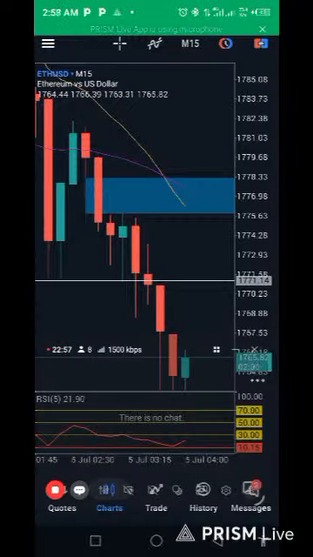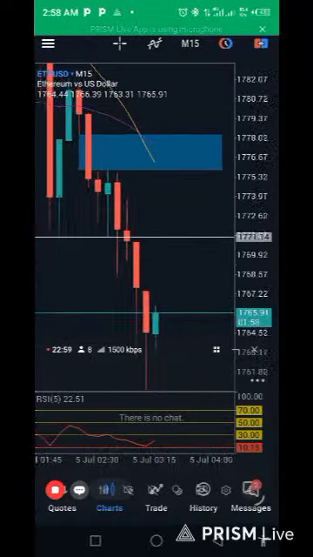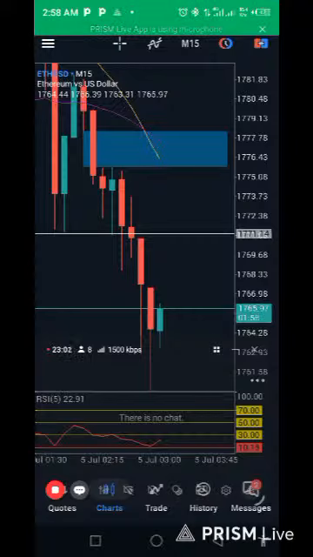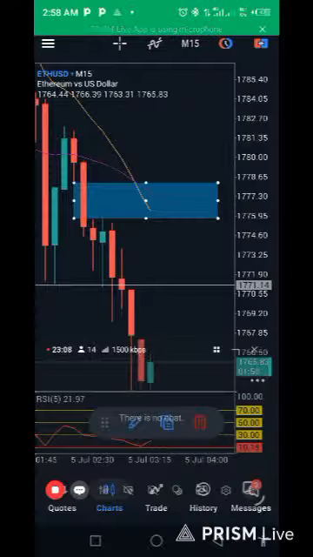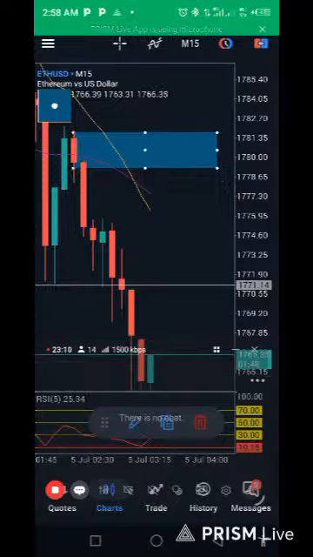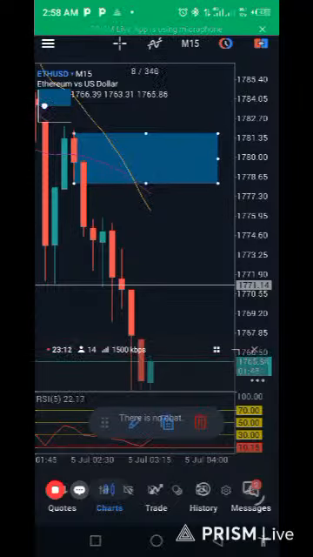So anytime a market leaves a space like that, just know that that market must go back and retest and cover up that space. And sometimes it will cover the space and even go beyond and touch the order block.